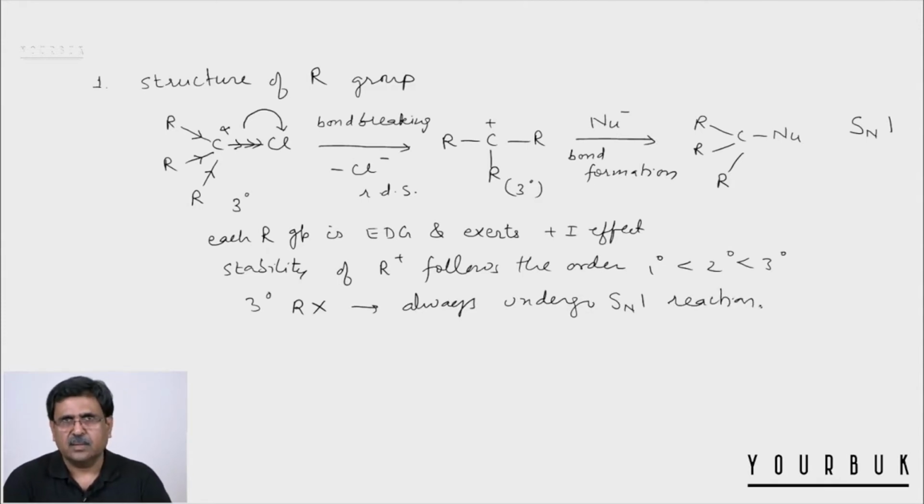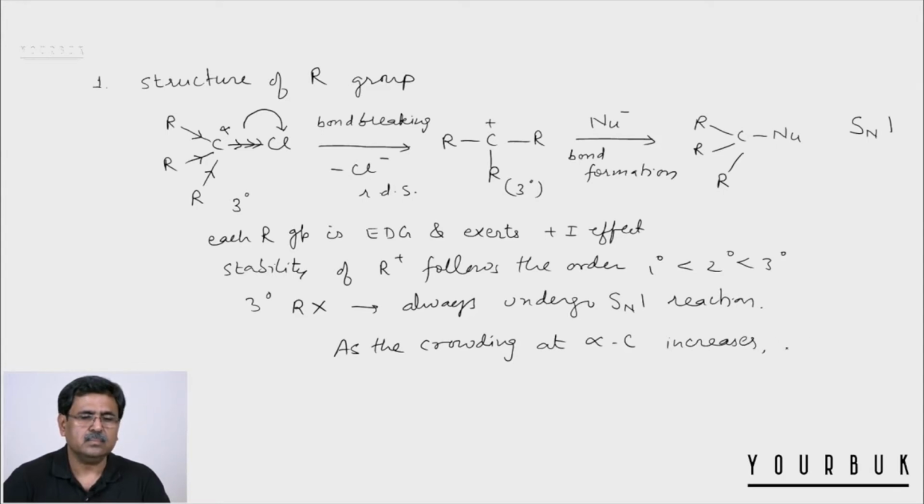Or we can say, as the crowding increases at the alpha carbon, the tendency to undergo SN1 mechanism increases. So more crowded alkyl halides prefer SN1 mechanism.